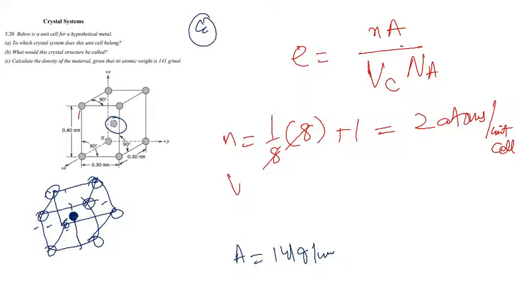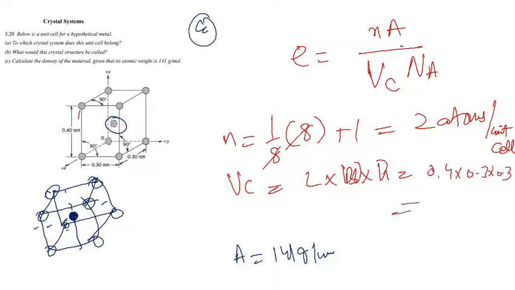And what about the volume of the cell? Volume we can calculate by length multiplied by breadth multiplied by height. So the length is 0.3, 0.4 times 0.3 times 0.3, and this is all in nanometers.